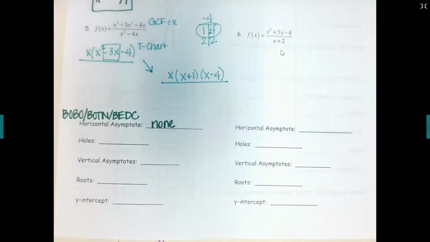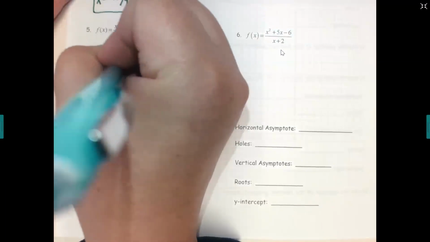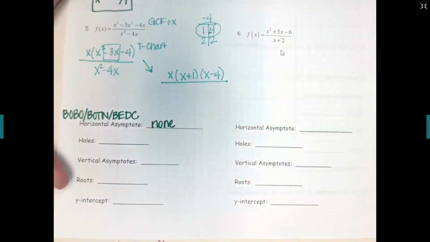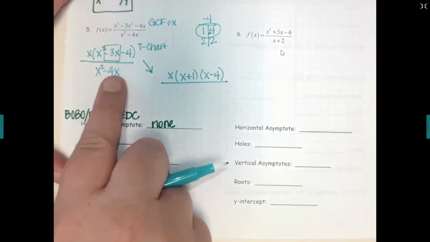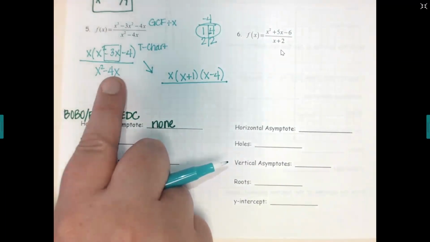Okay, for the bottom though, it's just gonna be one easy step. I had an X squared minus 4X. What can I do to the bottom there? Okay, so I heard GCF and square root. Can I square root 4 by itself? Yes.